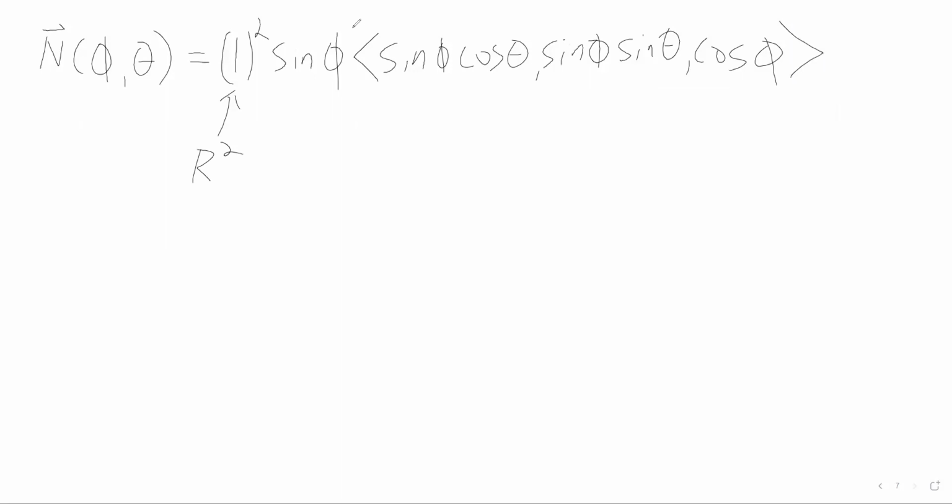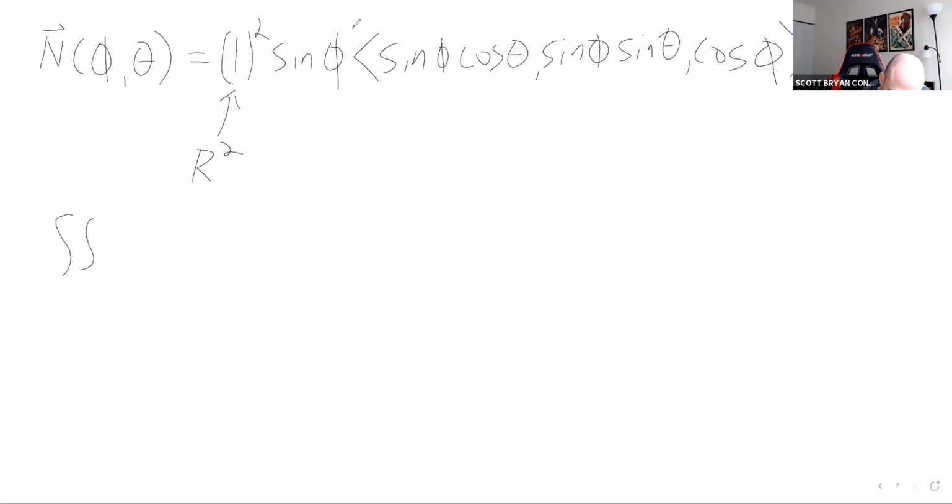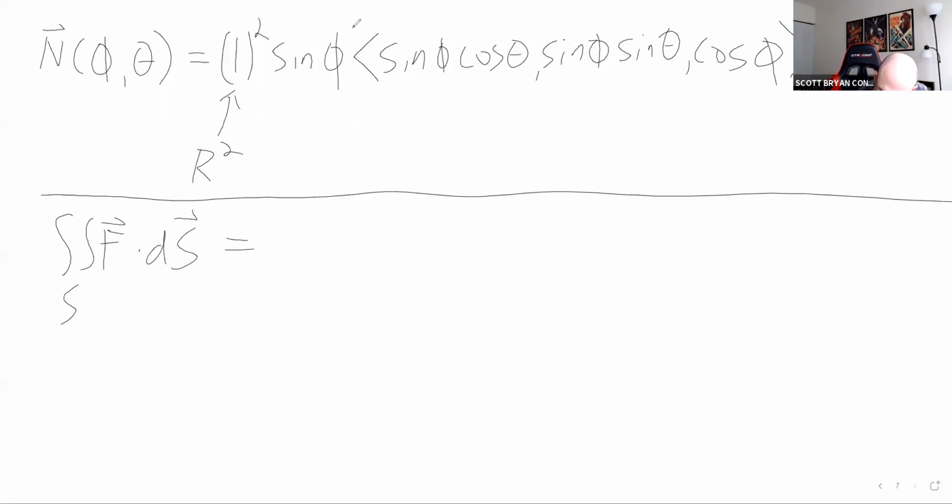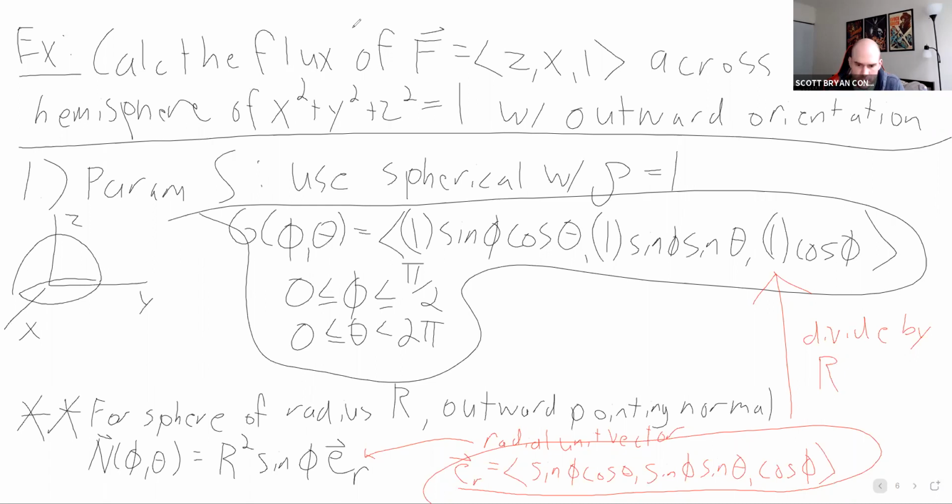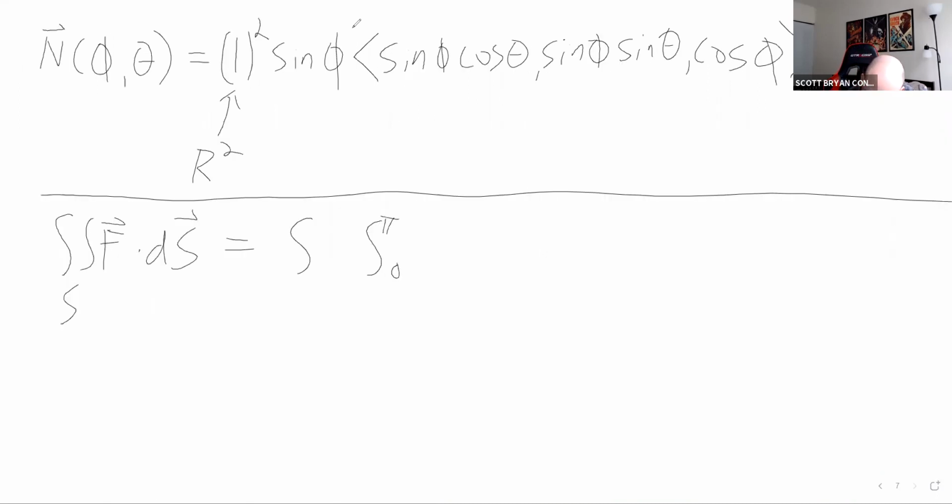Okay, so that's our normal vector, and let's put it all together. Let me write this down. We want the flux across the surface. Phi goes from 0 to pi over 2, we determined. Theta goes from 0 to 2 pi.